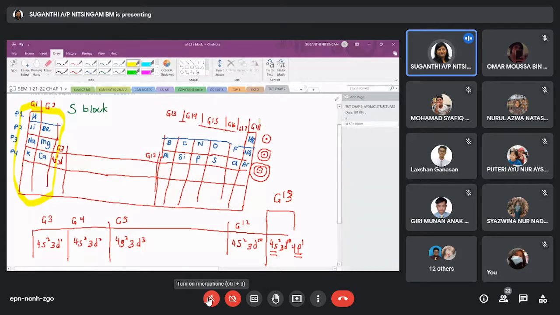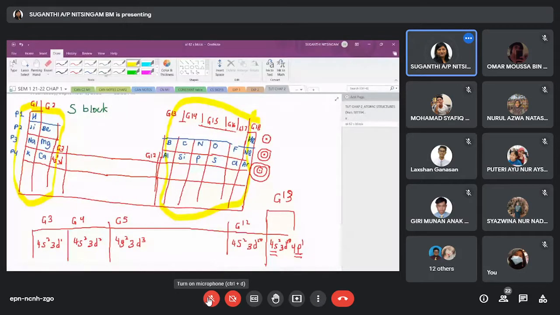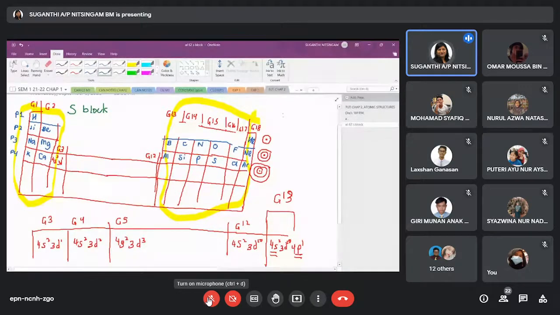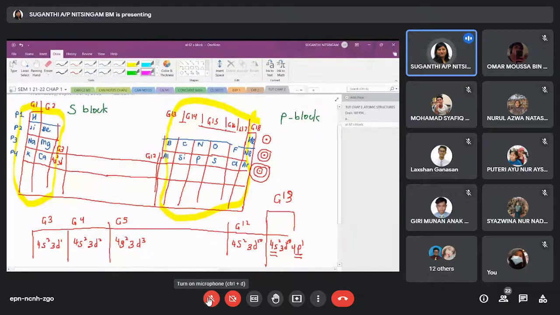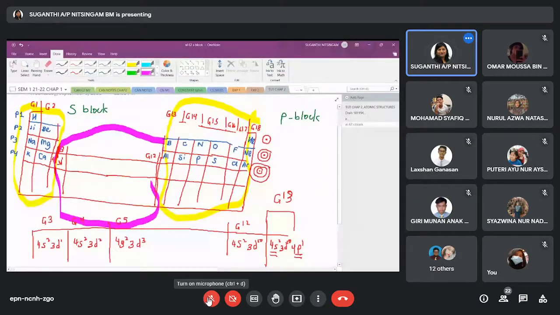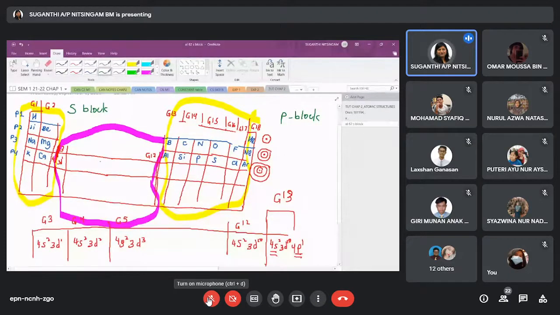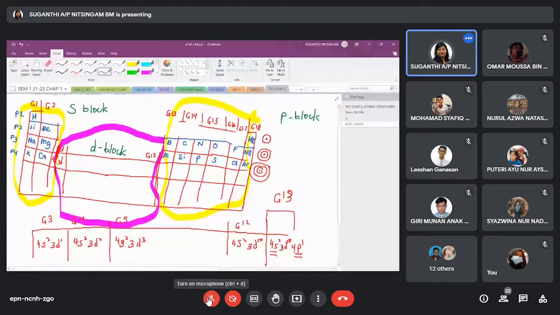Tetapi kat sini, I call it the P block. Kenapa P? Sebab P sedang diisi kat sini. Tetapi kat sini ini adalah D block. Why D block? Because the D sedang diisi. So you have 3 blocks. S block, P block, D block kat tengah.